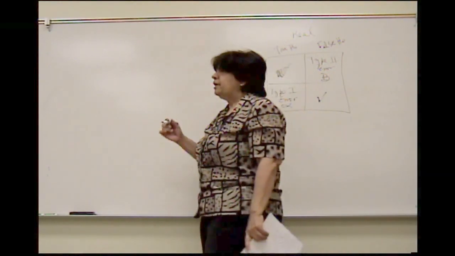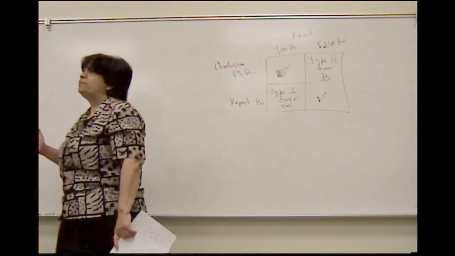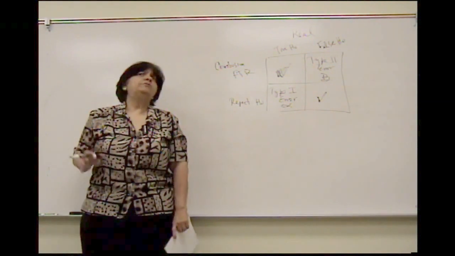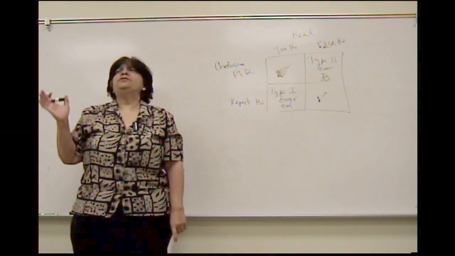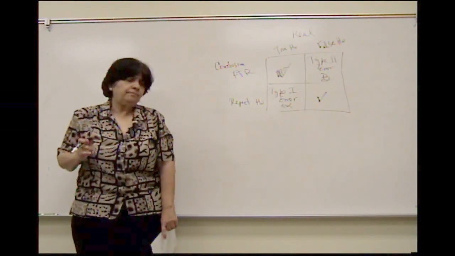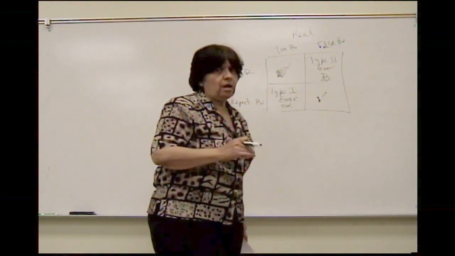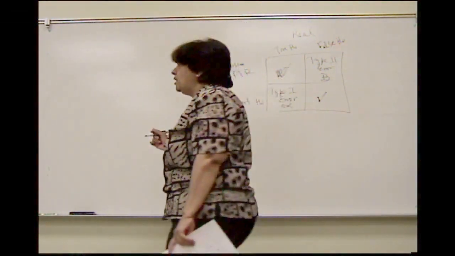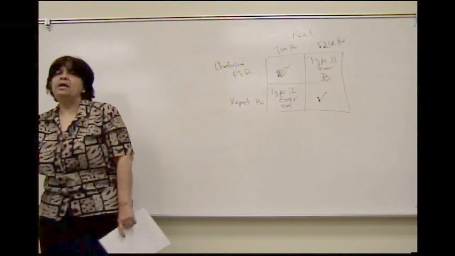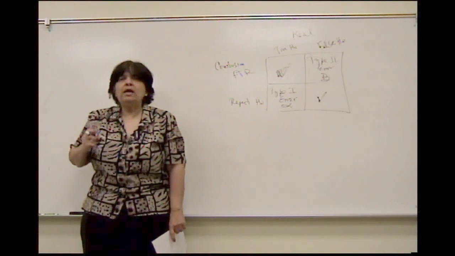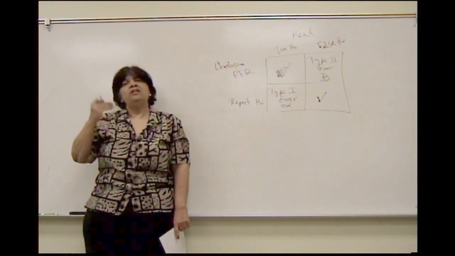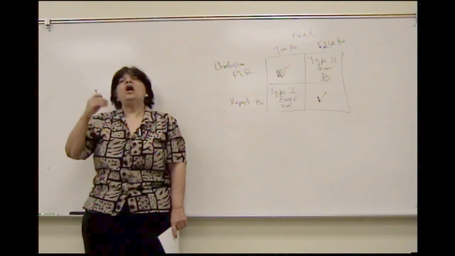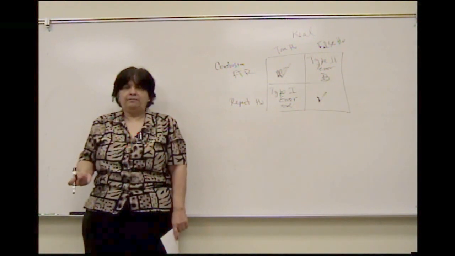For example, if I say that my light bulbs last at least 3,000 hours, or more than 3,000 hours, or whatever the claim that I'm making, what I put in my null hypothesis is the claim, because what I really need to prove is the opposite of what this person is saying.